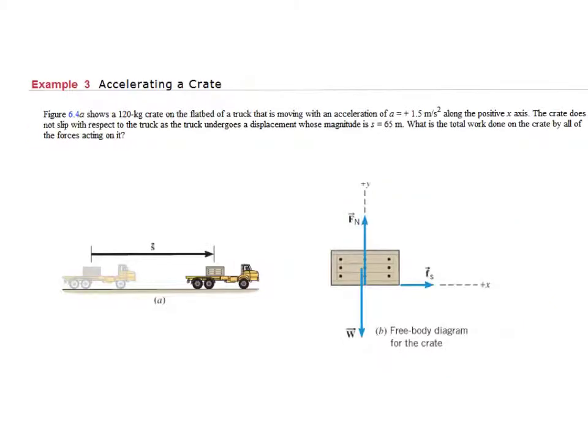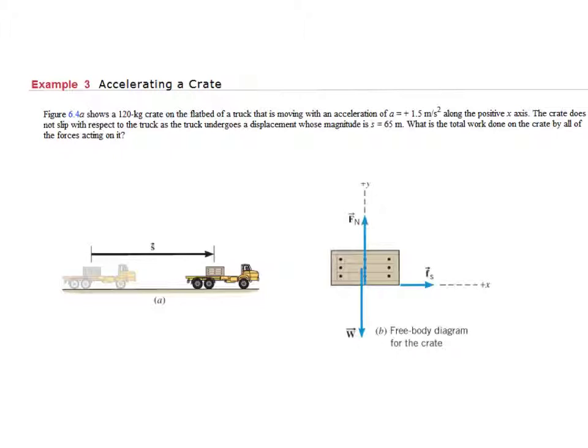Here in this next example, we have a crate sitting on the back of a flatbed truck, and the truck is accelerating down the road with an acceleration of 1.5 meters per second squared. Now, if the crate doesn't slip off of the back of the truck, it means that there's a frictional force between the crate and the bed of the truck that's being applied to the crate so that the crate moves with the same acceleration.